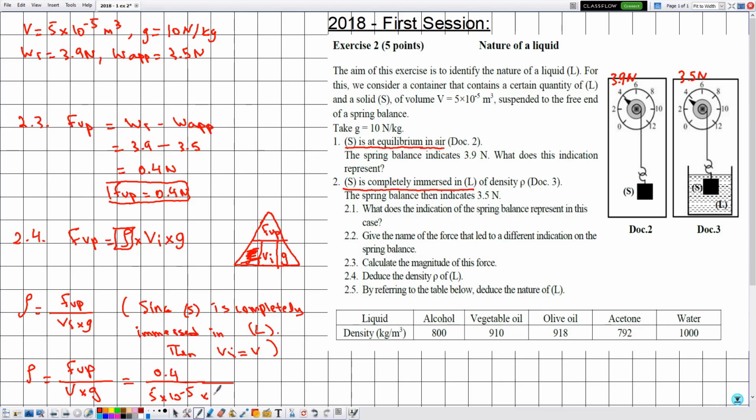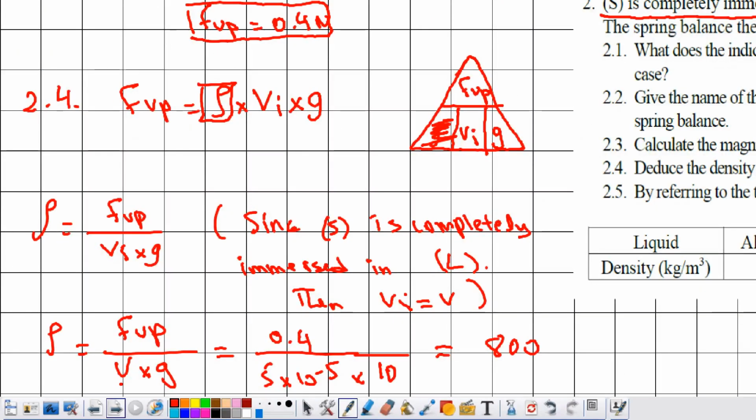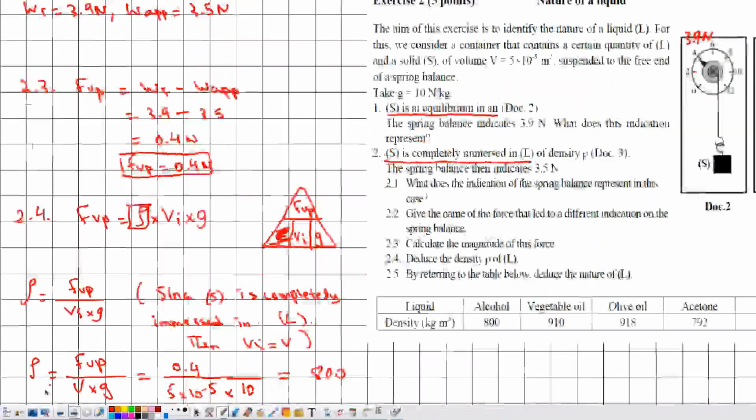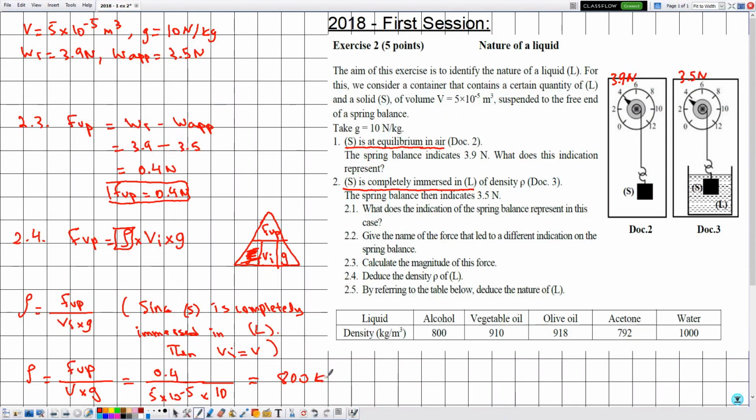And the value of G is given by 10, which means that we are performing this experiment on Earth. Now plugging this fraction on the calculator, it will give me 800. Since F upthrust, V and G are in the SI, the value of rho will be in the SI, which is kilogram per meter cube. Then the value of the density of the liquid is given by 800 kilogram per meter cube.